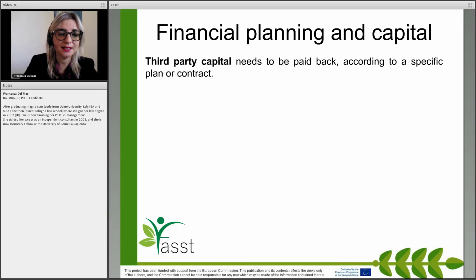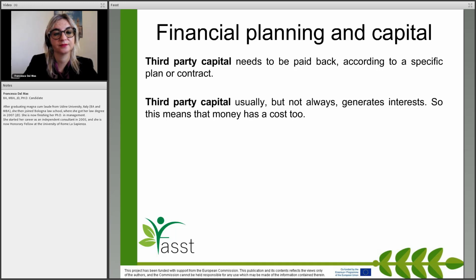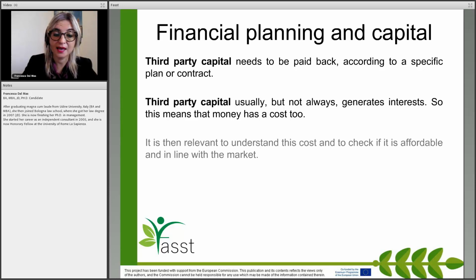In this case, third-party capital needs to be paid back according to a specific plan or a specific contract. What we need to know is that third-party capital usually, but not always, generates interest.